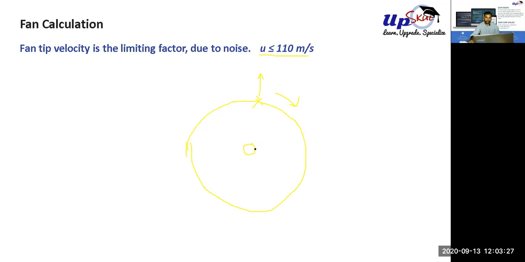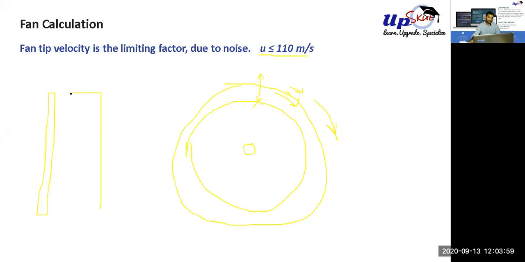This gives us a limitation on the diameter. If we make it larger, tip velocity automatically increases. If we rotate it faster, tip velocity also increases. There are two kinds of fan from their blade profile. If I look from the side, this is one fan, and this is another fan.